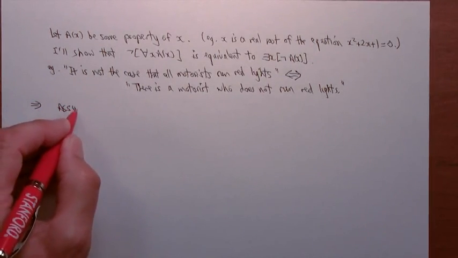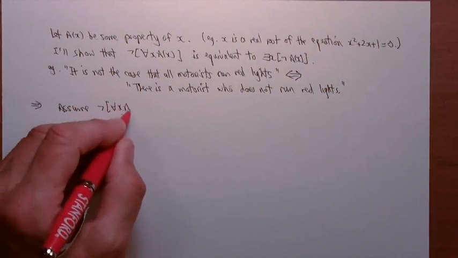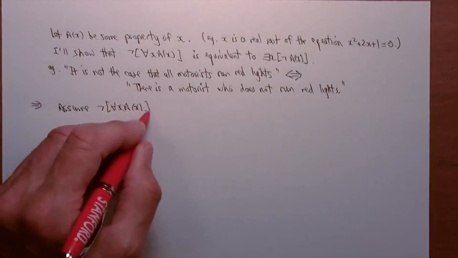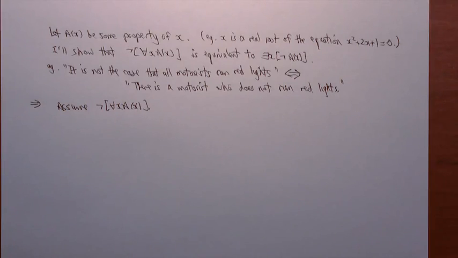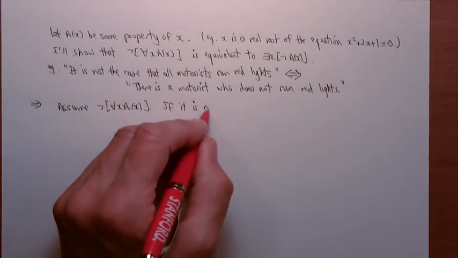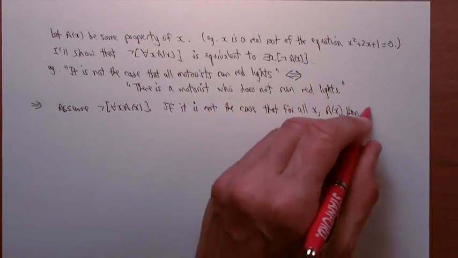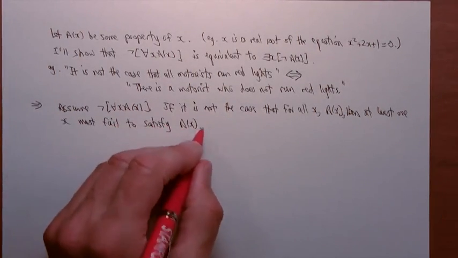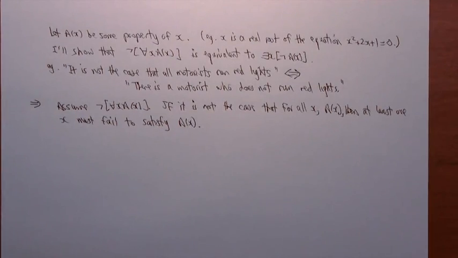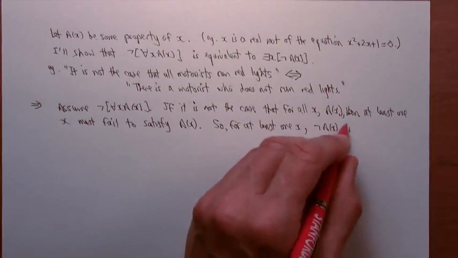I'm going to assume not for all x A of x. Well, if it's not the case that for all x A of x, then at least one x must fail to satisfy A of x. So, for at least one x, not A of x is true.